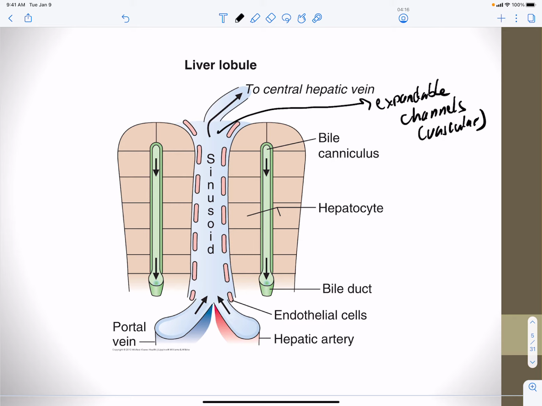And they're going to be lined with endothelial cells, and the endothelial cells are going to be leaky. So they don't form tight junctions, etc. And the reason your endothelial cells are leaky is that you want to have blood plasma have access to the hepatocytes, because the hepatocytes are the major filter. So they're going to filter the blood.